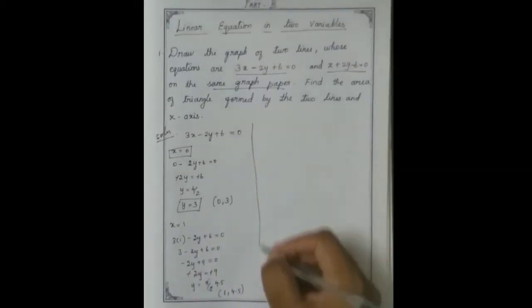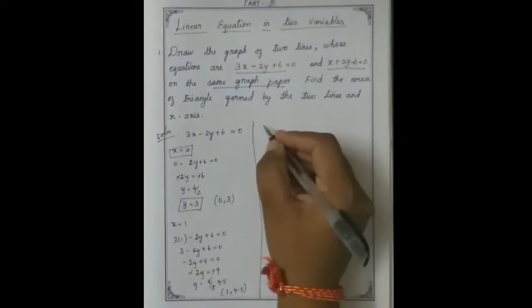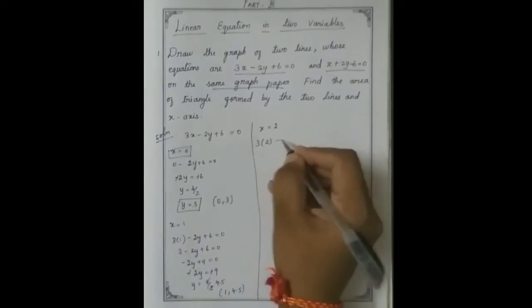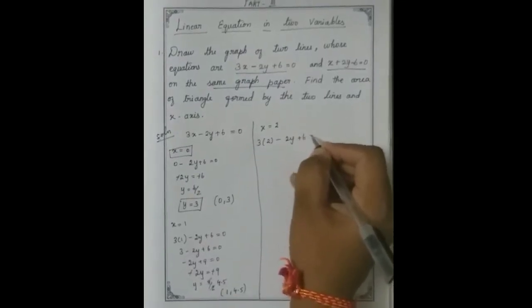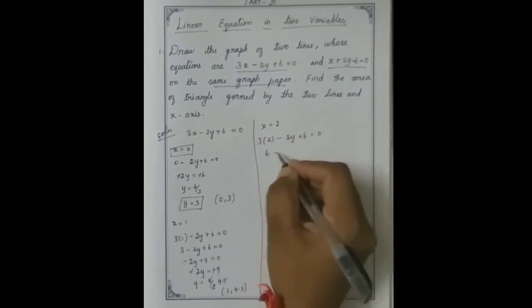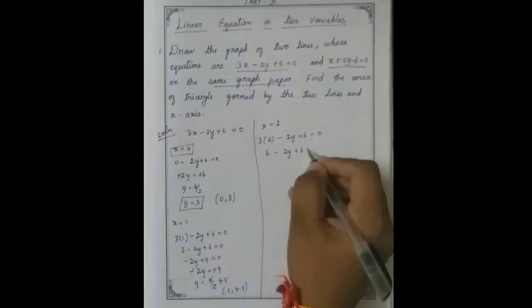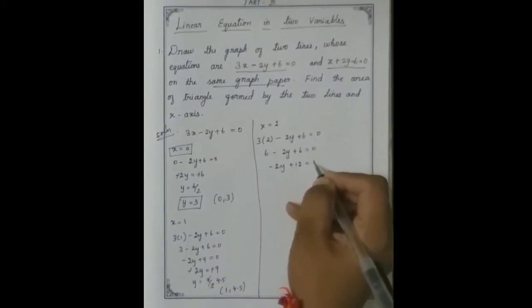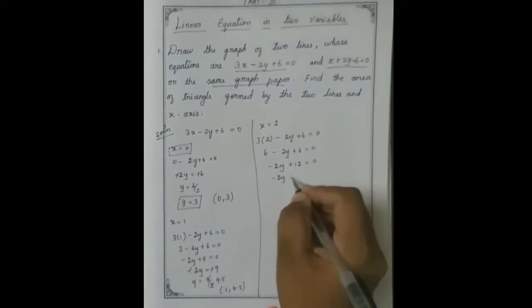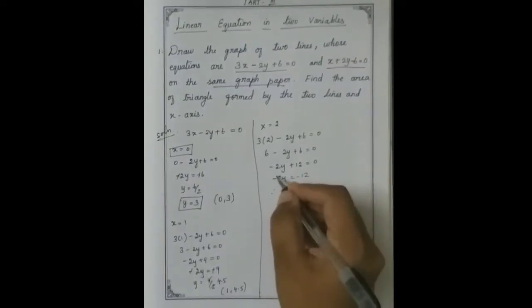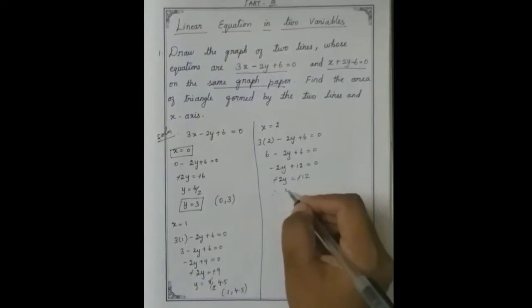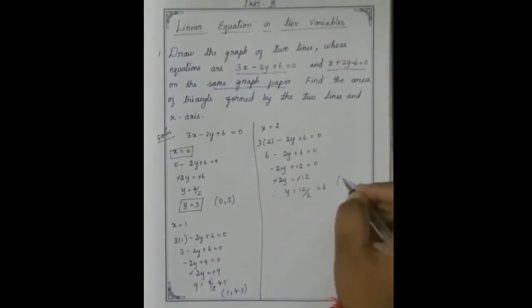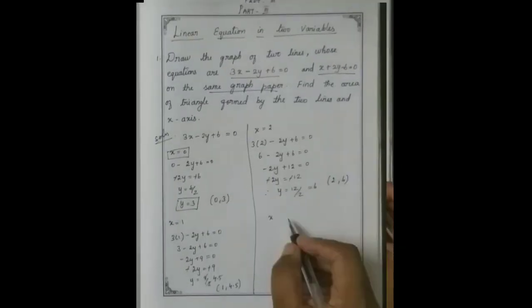Similarly, the other point, x is equal to 2, 3 into 2 minus 2y plus 6 equal to 0. So 6 minus 2y plus 6 equal to 0, minus 2y plus 12 is equal to 0, minus 2y is equal to minus 12, therefore minus minus get cancelled, so y is equal to 12 by 2, which is equal to 6. So when x is equal to 2, the value of y is 6.